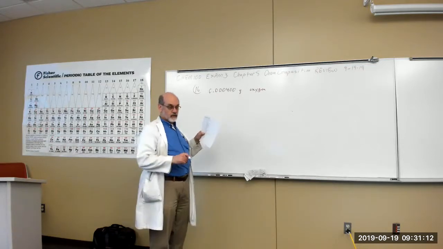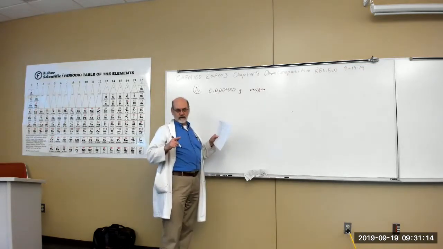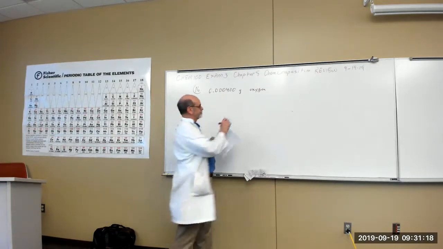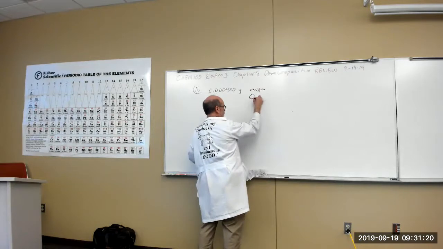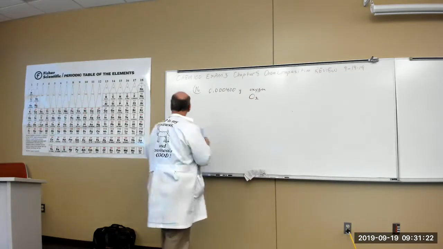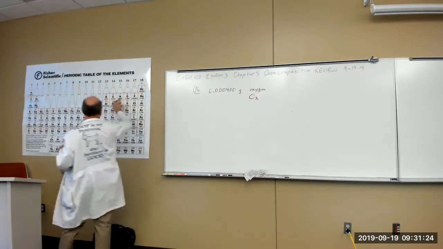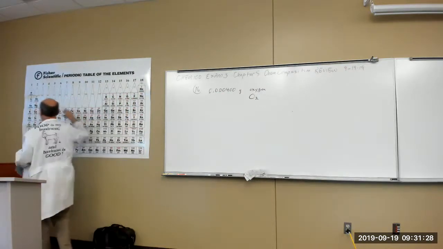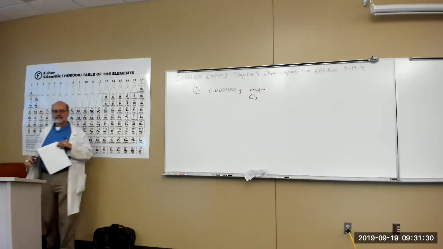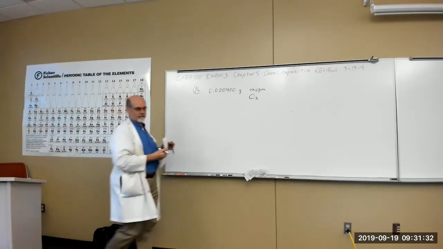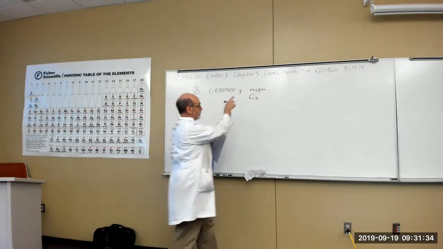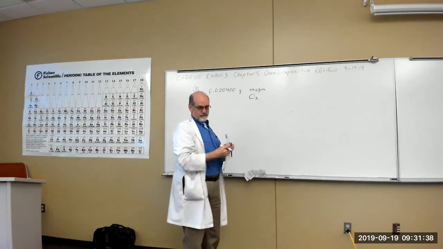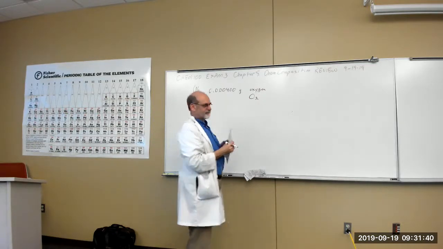So here's one where you have to know gaseous oxygen is diatomic. Oxygen, nitrogen, fluorine, chlorine, bromine, iodine, and hydrogen. They're all diatomic. So when it says the name, better put two of them.